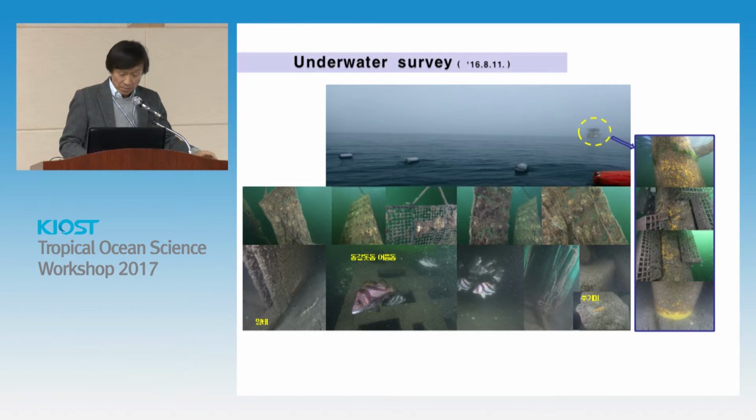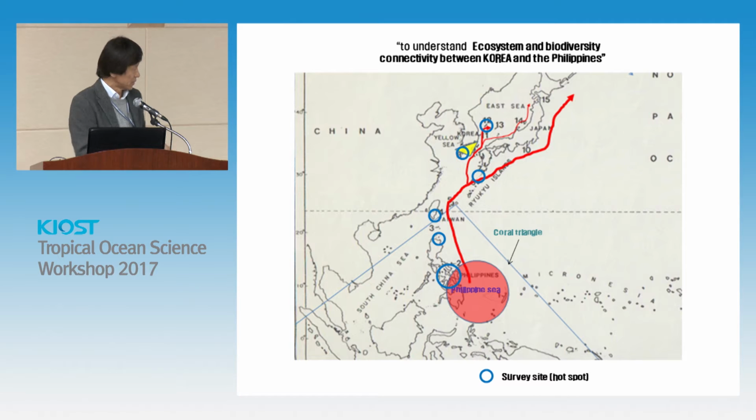Some fisheries species gathered very early, because sand and mud are a very wide habitat, and some species gathered at the artificial reefs, the hard bottoms.